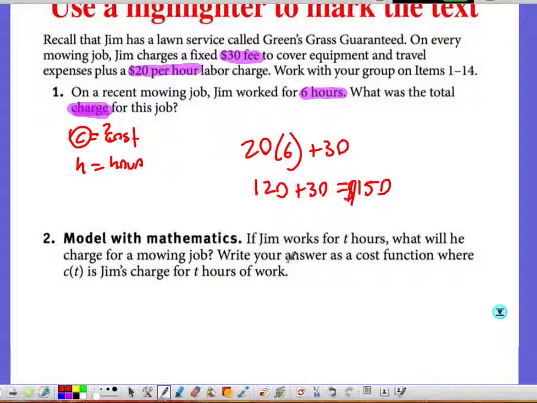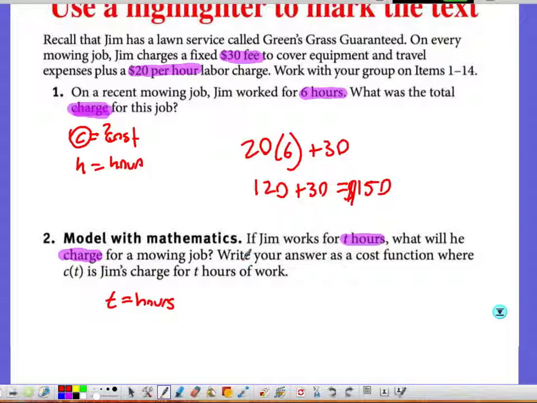Number 2, if Jim works for T hours, okay, look at that. T stands for hours. So I'm being the detective here, highlighting that. That's an important clue right there. What will he charge for a mowing job? Take a look at that. It's asking for the charge.